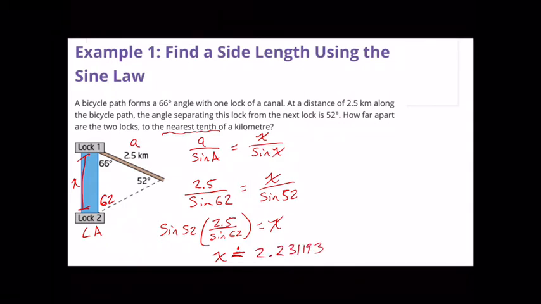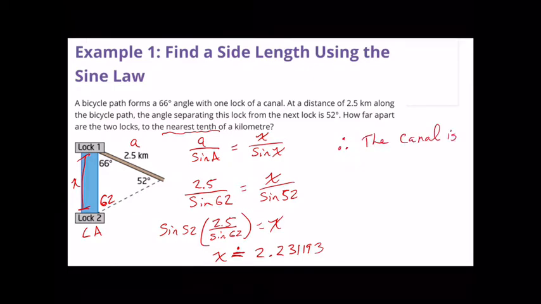It keeps going on, but I want the nearest tenth of a kilometer. So therefore, the canal is 2.2 kilometers long.